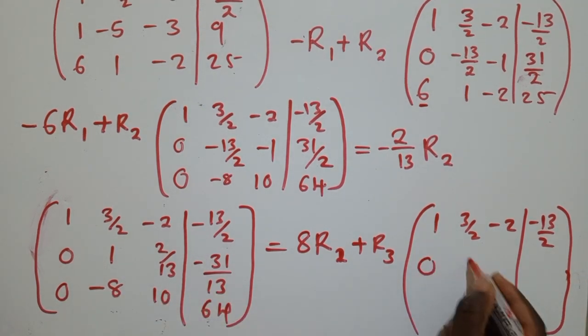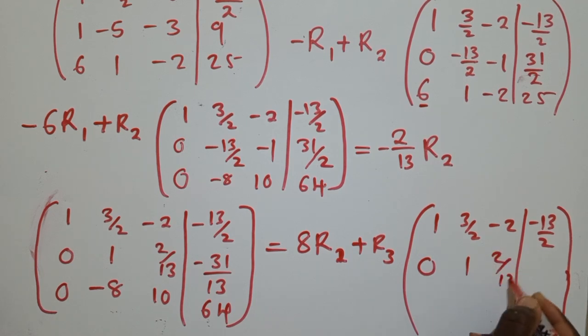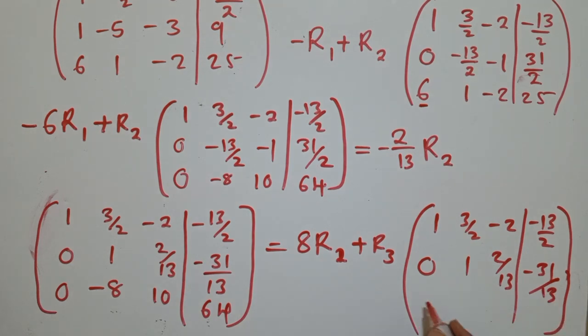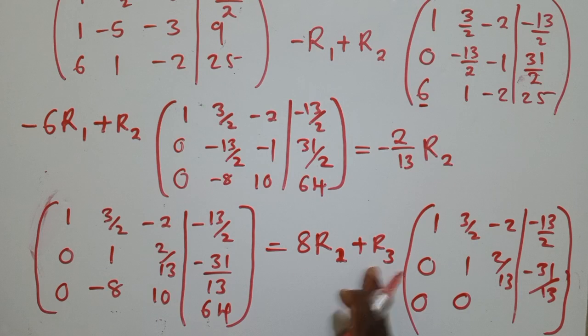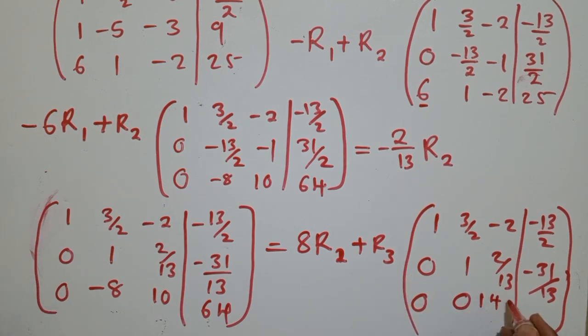While the second one will also maintain, it's not affected. We just maintain. The third one, it's a 0 here. It will give us a 0 when you follow this process. When you follow here, it will give us a 146 over 13, and here when you follow, it will give us a 584 over 13, like that.